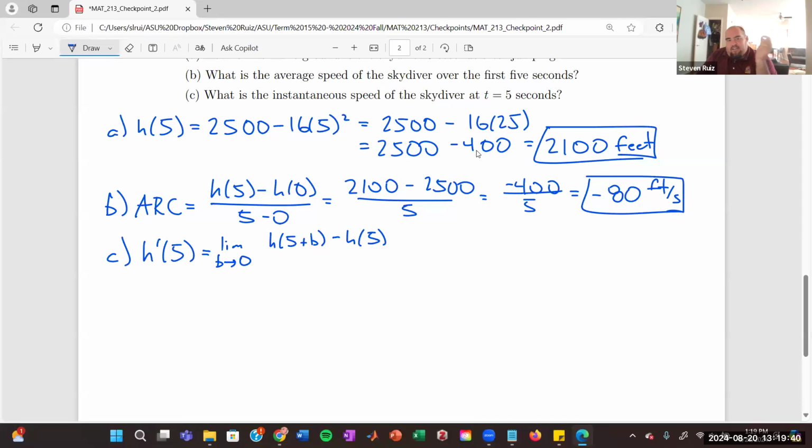This slope calculation involves a change in my time variable, and b tells me how big that change is. So that's why I'm going to divide by b. The limit says, all right, what is this slope going to approach if I let these two x values, 5 and 5 plus b, get really, really close to each other?